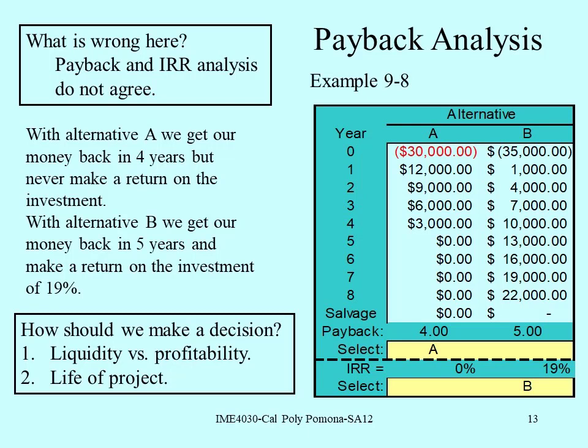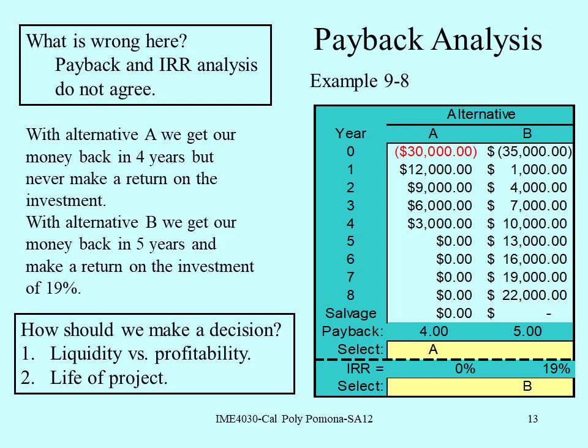The second cash flows, alternative B, it takes us 5 years to get our money back, but you'll notice that this particular project keeps generating revenue clear until the 8th year, whereas the first one stops after 4. The rate of return on the first alternative is 0% actually, because we don't get anything back after we recuperate our investment. Alternative B has a 19% rate of return.